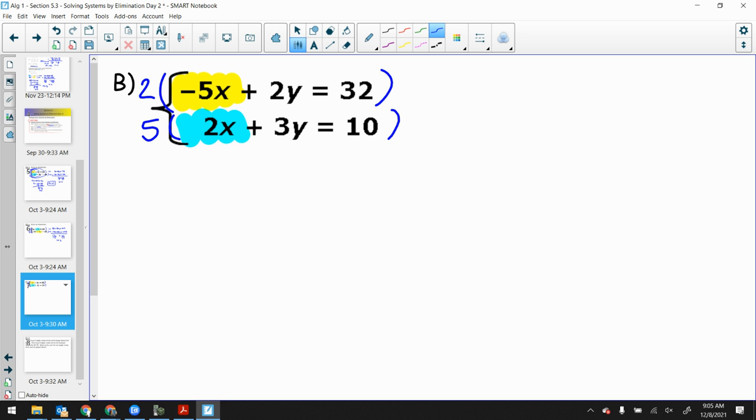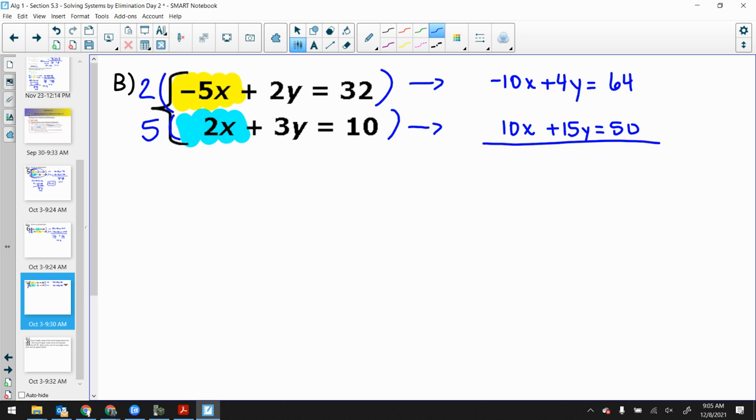So let's distribute in. This becomes a negative 10x, a positive 4y, and a 64. The bottom becomes a 10x, a positive 15y, and a 50.